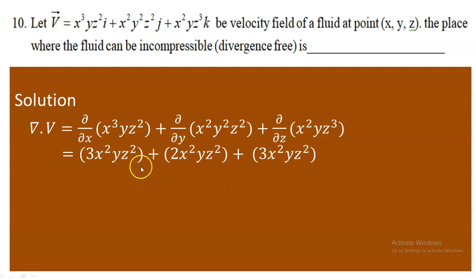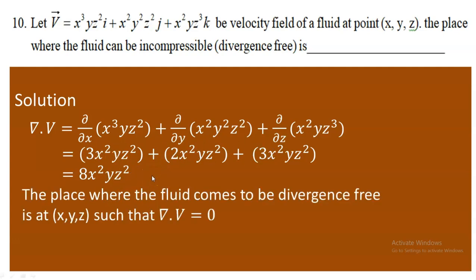So look, all these three terms are like terms, so we can operate on them. 3 plus 2 makes 5, and 5 with 3 makes 8, so 8x squared y z squared. We now need to observe the case where this can be 0, and clearly it goes to 0 where either x is 0, or y is 0, or z is 0. At x equals 0 we have the yz plane, at y equals 0 we have the xz plane, and at z equals 0 we have the xy plane.